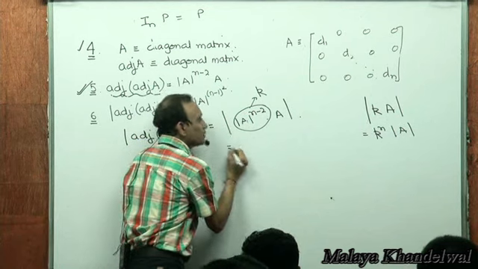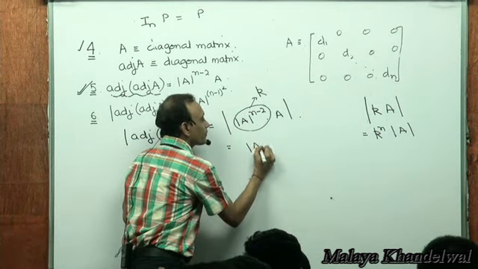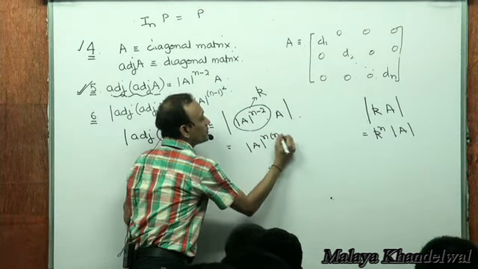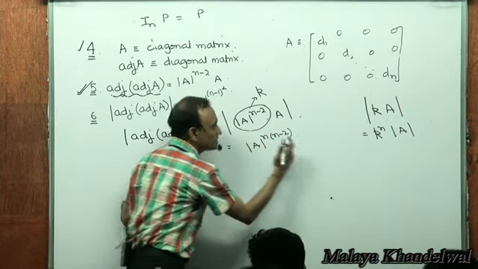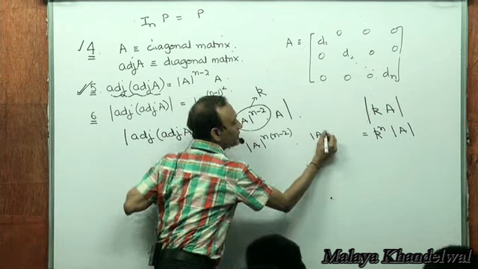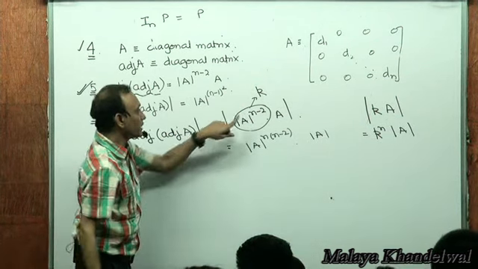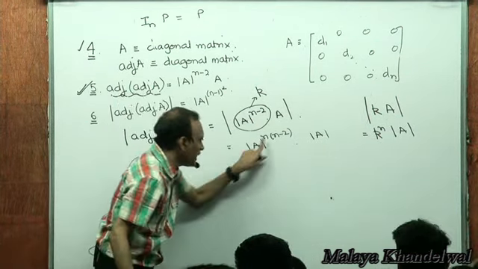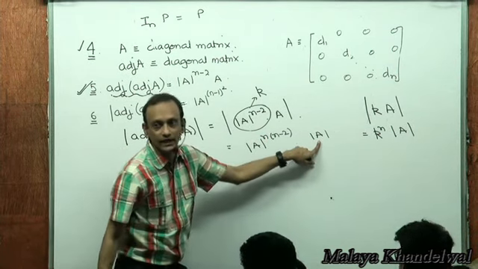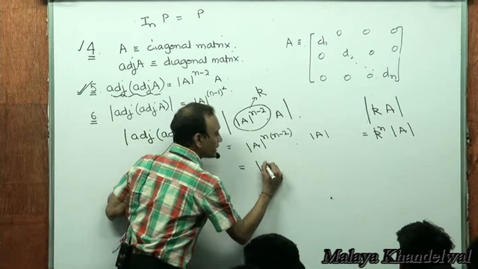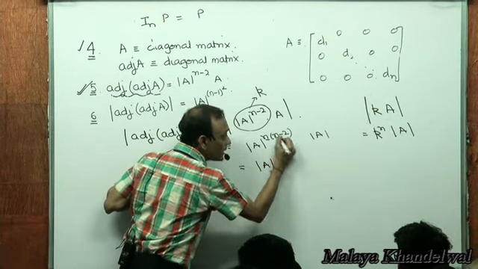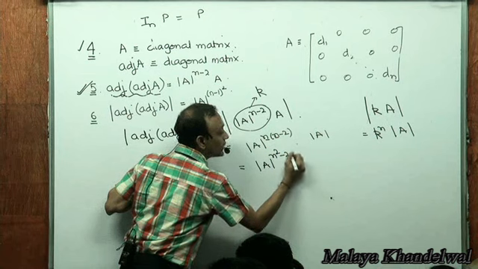So that's going to be K to the power n, means n into n minus 2. K is determinant A to the power n minus 2. Whole to the power n would be this into determinant A. Determinant of K times A would be K to the power n times determinant A. Yes or no? Now this is like determinant A to the power n squared minus 2n plus 1.